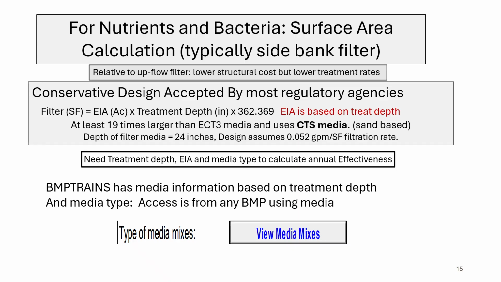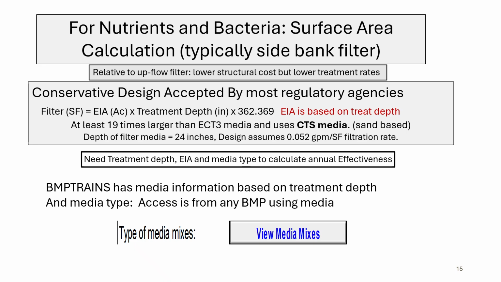The media used in this configuration is a sand-based CTS media, which is at least 19 times larger than ECT3 media. The filter media depth is set at 24 inches, and the design assumes a filtration rate of 0.052 gallons per minute per square foot. This lower treatment rate is actually a key design feature because it results in higher pollutant removal effectiveness compared to faster flow-through systems.